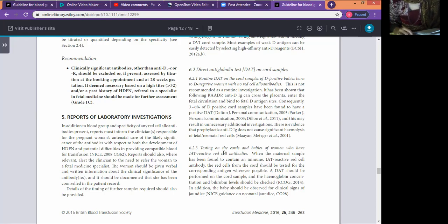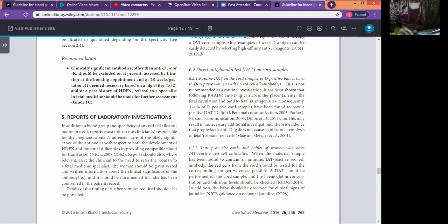If the mother has been found to have a clinically significant antibody, then the cord blood needs to be tested along with the DAT, hemoglobin, bilirubin and LDH values. Whereas routine DAT testing on the cord blood is done only for D positive babies born to D negative mothers with no red cell antibodies. There is no recommendation for this as a routine investigation.